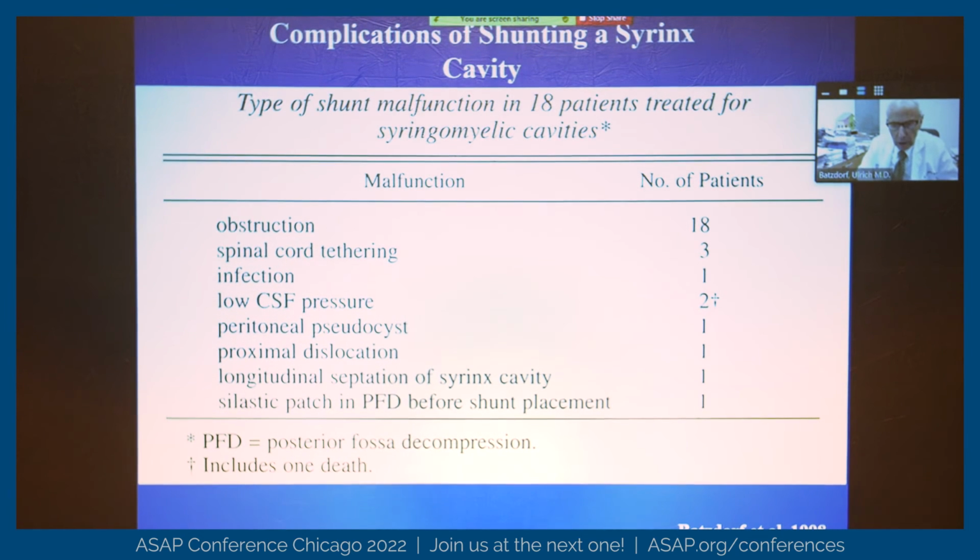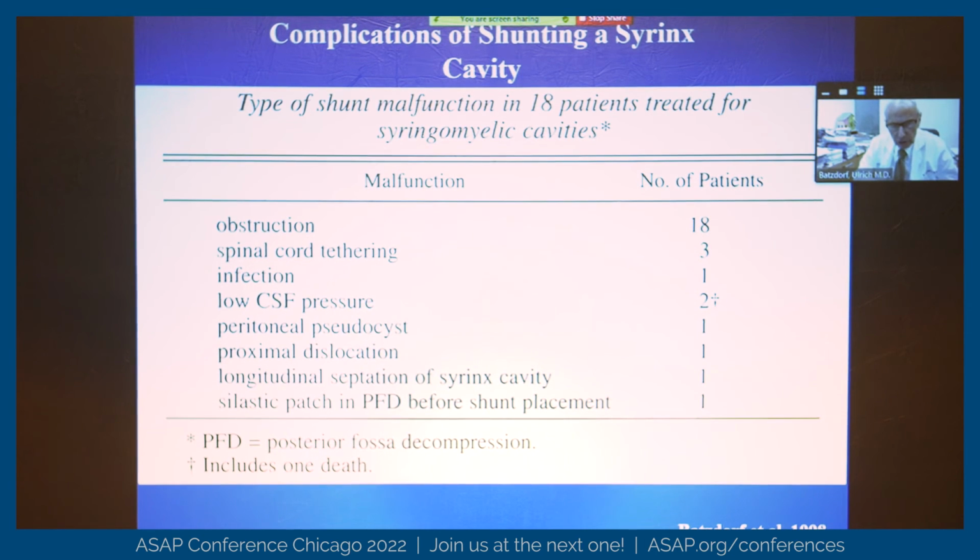This is from our own study. For reasons which some of you, unfortunately, I can't see you, but you'll understand, if the syrinx cavity collapses around the tubing that has multiple openings, and since we're talking about living tissue, what happens is that the tissue will grow into the shunt and obstruct it.